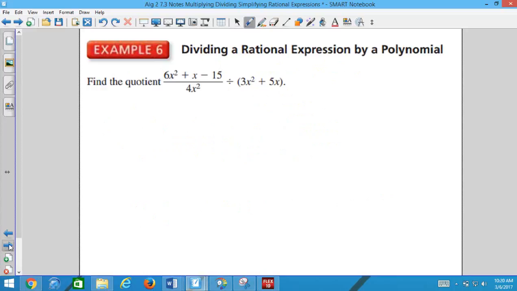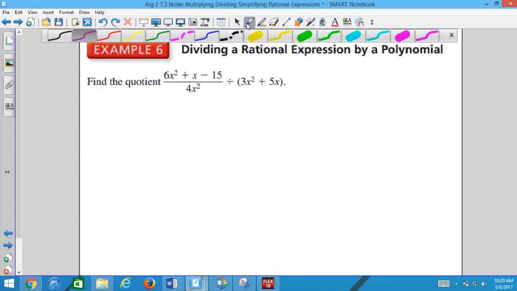All right, let's do it again. We are dividing. So instead of dividing by a number, you can't divide by a number, so what do we do? Multiply by its reciprocal. Have you ever heard keep, change, flip? We keep this one.